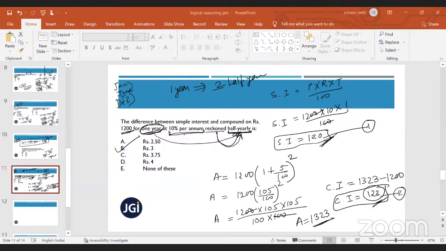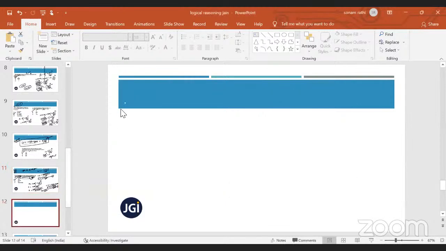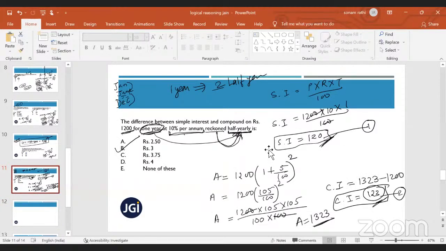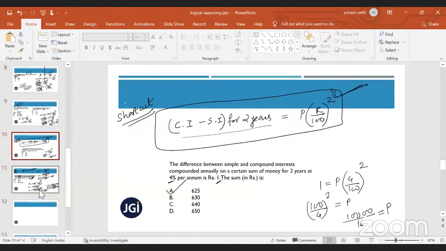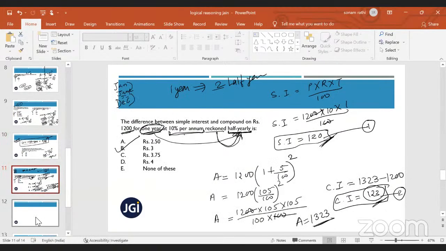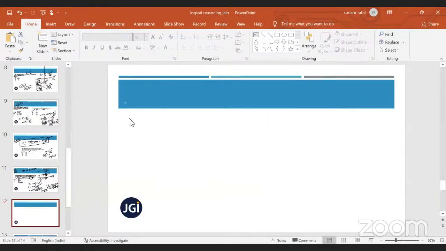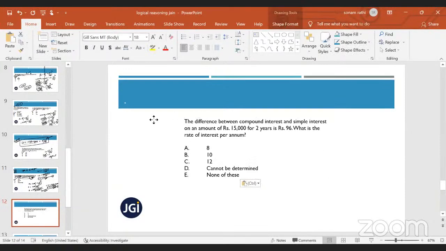Okay, let's do the next question. Ma'am, for 3 years, any shortcut trick? No, there's no shortcut. Just remember for 2 years. For 3 years, we can do it manually, not that difficult. Okay, ma'am.